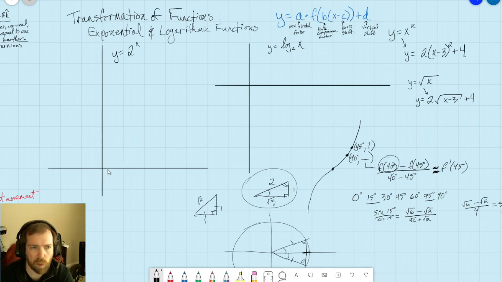So in the case of an exponential function, again, y equals 2 to the x is kind of what we consider the most basic. Then we pick a value, let's say x is equal to 0, gets us this nice y equals 2 to the 0 power. So 2 to the 0 is going to be 1.